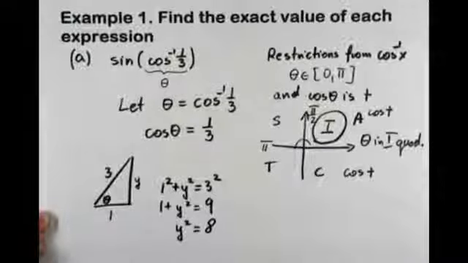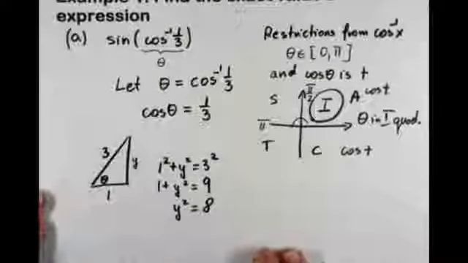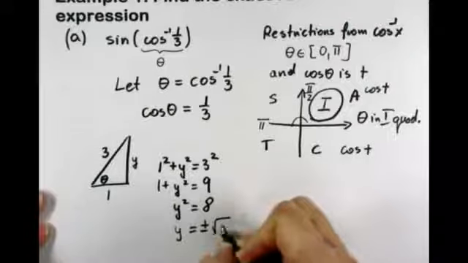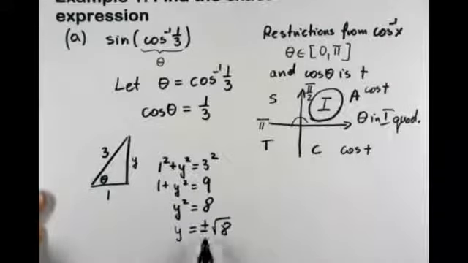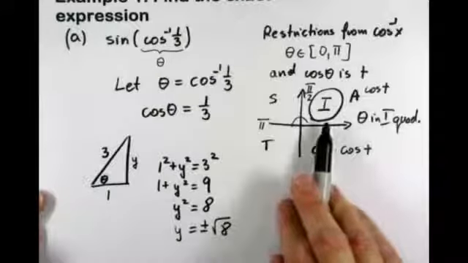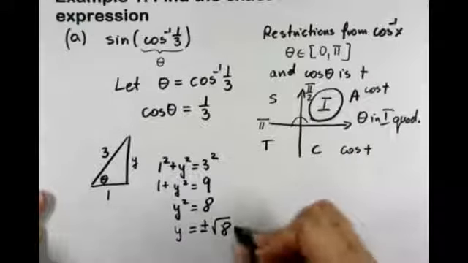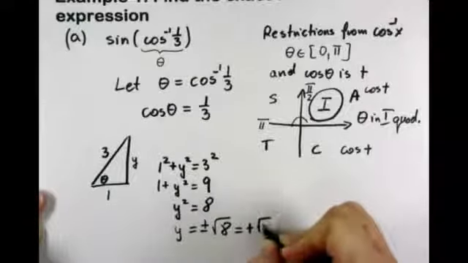And take square root of that. So y is equal to plus or minus square root of 8. And whether you choose plus or minus, it depends on what quadrant is your theta, what quadrant did you identify. So in our case, we are using plus root of 8.